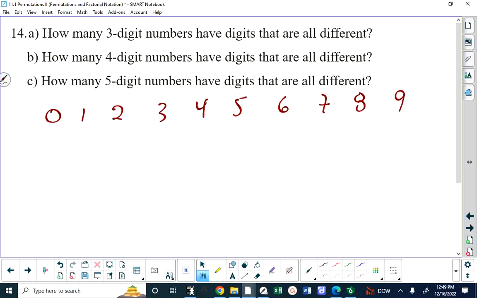So if we want a 3-digit number, the one restriction is that the first digit cannot be a 0, because then it's not a 3-digit number, it's a 2-digit number. There are no other restrictions.